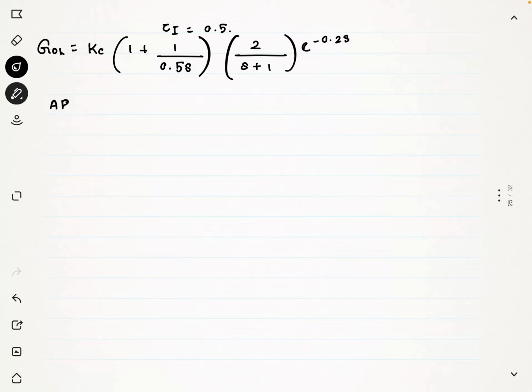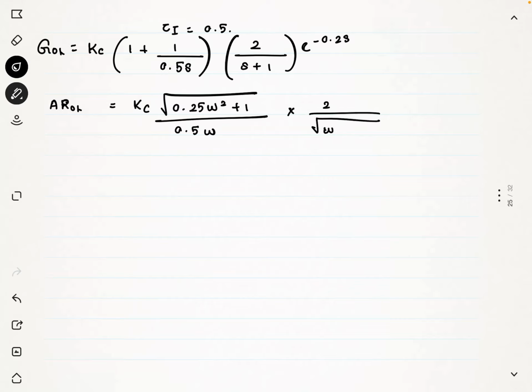And the amplitude ratio of the open loop will be equal to Kc into, so if you do the simplification here again, let this be equation 3.